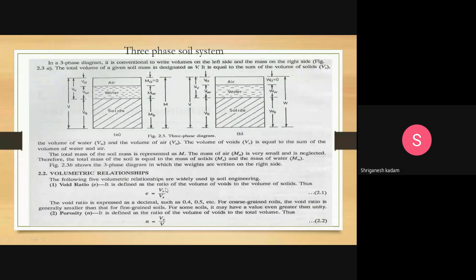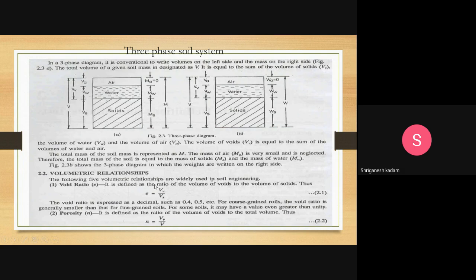Volume of void हे जर व्हॉल्यूम ऑफ सॉइल सॉलिड पेक्षा जास्त झालं तर व्हाईट्स रेशो काय होणार आहे, 1 पेक्षा जास्त होईल. ओके, जनरली फॉर व्हाईट्स रेशो इज स्मॉलर फॉर फाईन ग्रेनेड सॉइल. जर फाईन ग्रेनेड सॉइल असेल किंवा ब्लॅक कॉटन सॉइल असेल, ग्रेन साईज खूप त्याची कमी आहे, अशा टाईपची जर सॉइल असेल तर व्हाईट्स रेशो कमी असतो. आणि जर कोर्स ग्रेनेड सॉइल असेल, maybe the void ratio is greater for coarse grained soil.